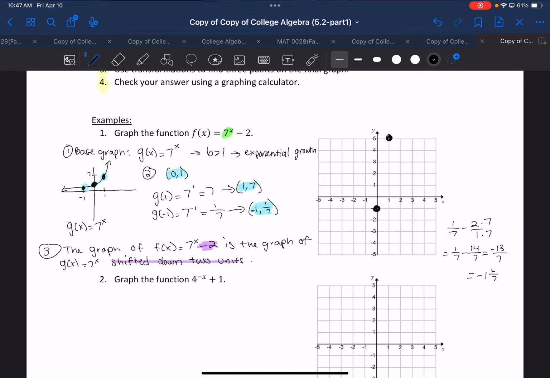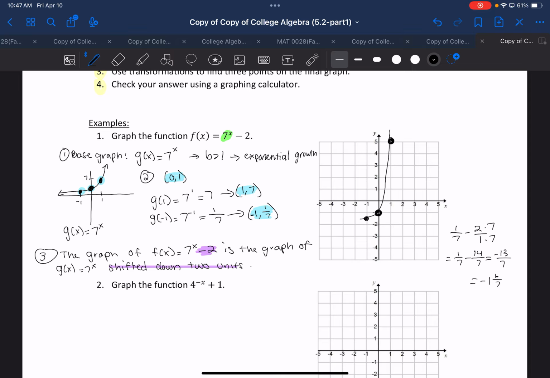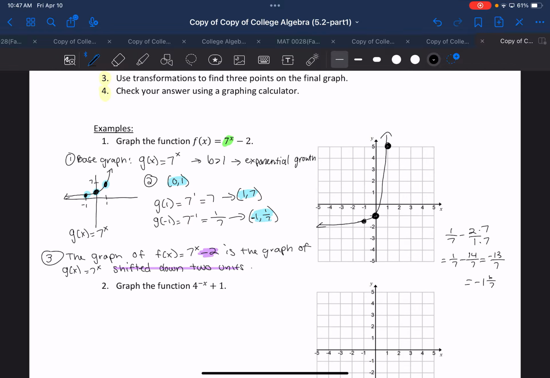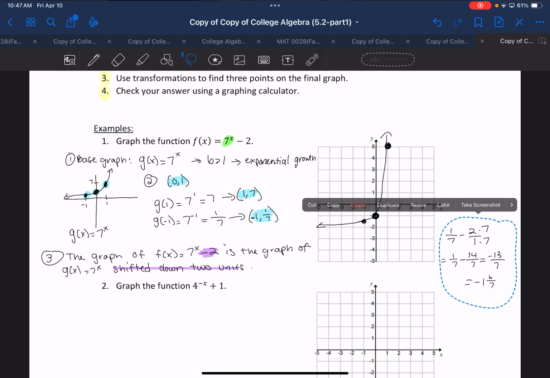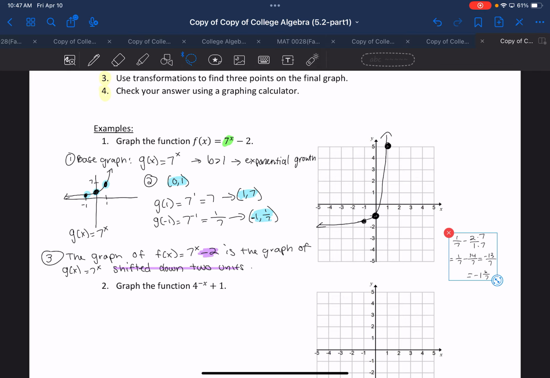And so this will look like this. So let me recap. I went from (0, 1) on the original to (0, -1).